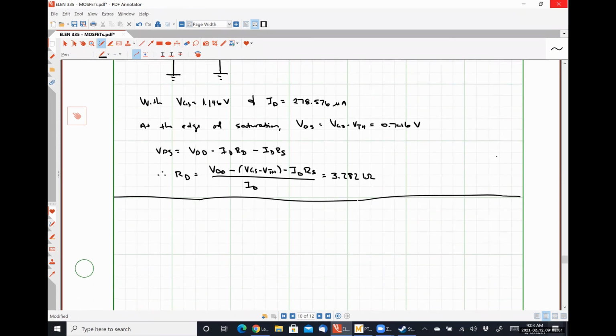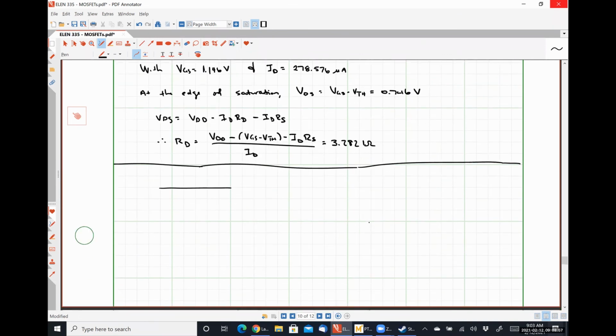is I want us to determine the operating point of this circuit. Exact same circuit, except that now RD is a 2 kilohm resistor. VDD is 1.8 volts here.